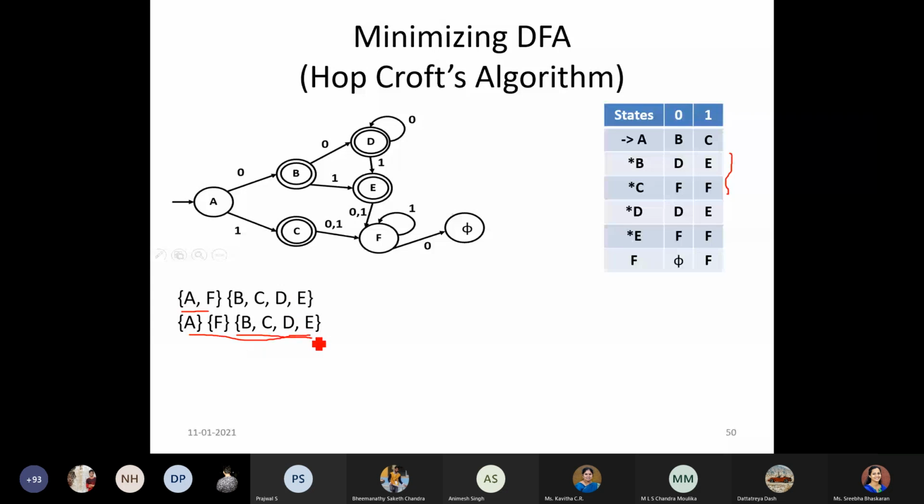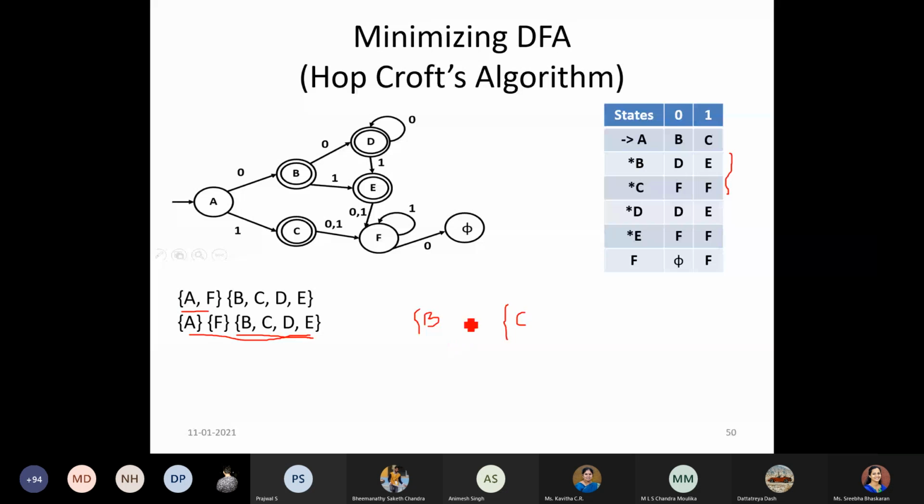D is in one group, F is in another group. So we can say that B and C will not go together. It has to be split. So it is split as B in one group, C in another group. Now pick the next two states. That is B, and we have to see whether any other states will go together with B, or whether it has to be split.